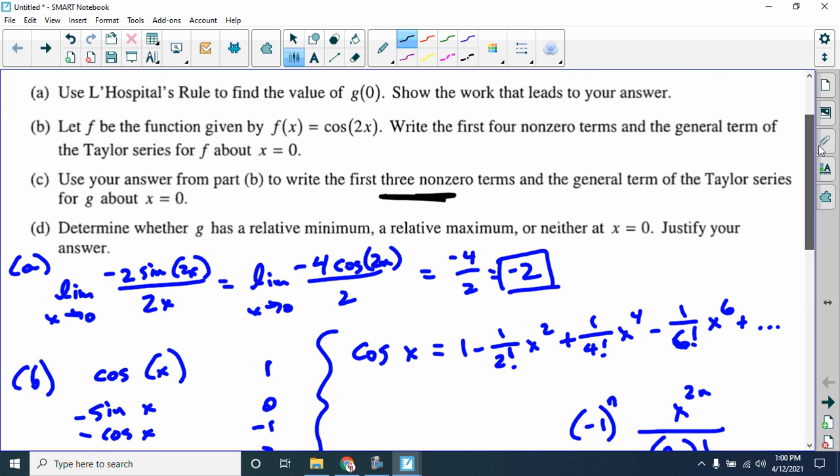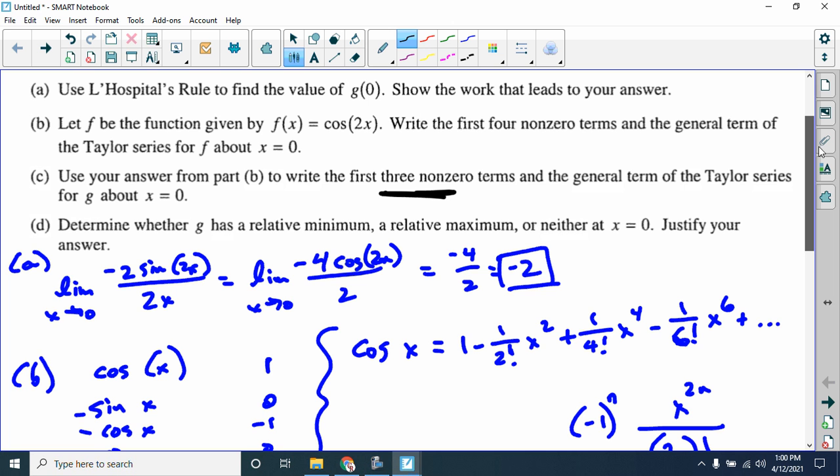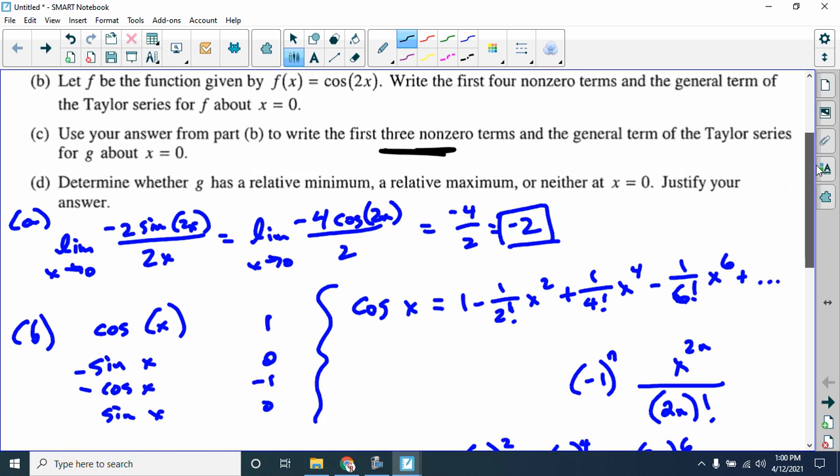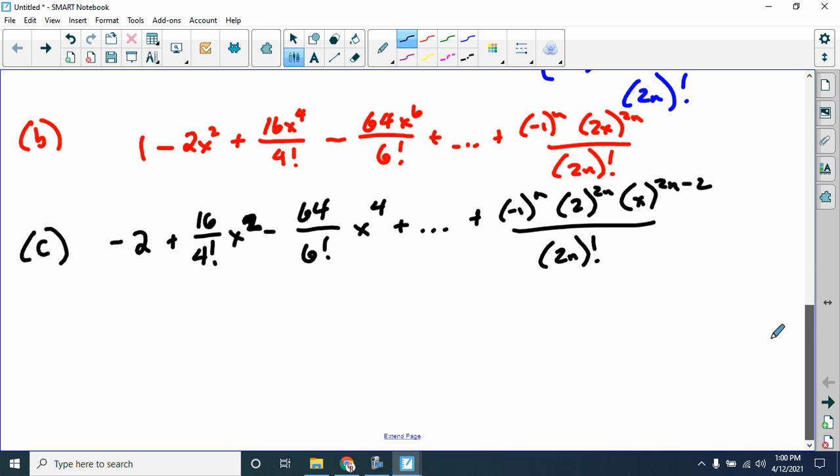Part D asks us to determine whether g has a relative minimum, a relative maximum, or neither at x equals 0. So if we have a relative minimum or a relative maximum, the first derivative has to be 0. So the derivative of this, so that's g of x, so g prime of x would be equal to, this would be 0.